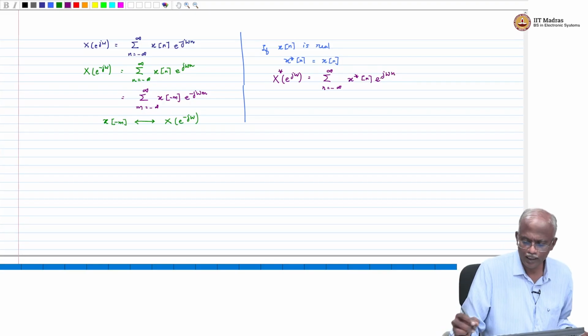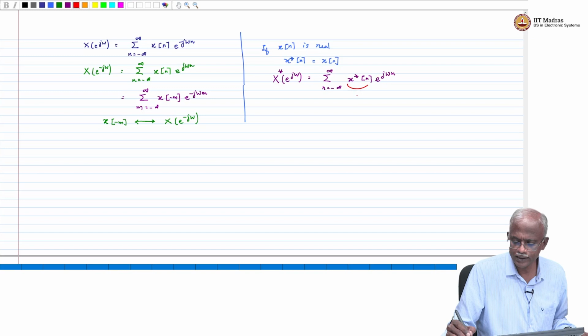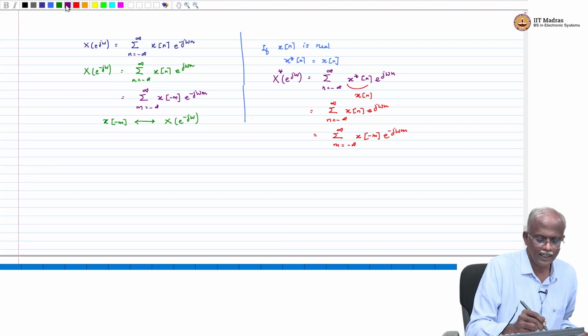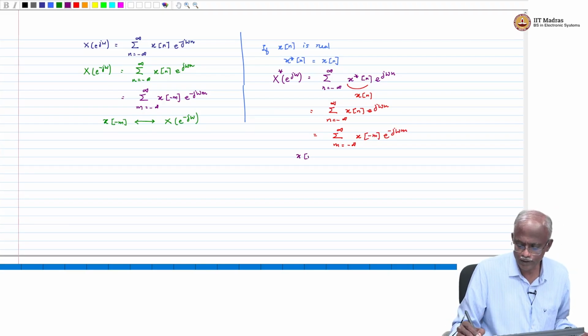Both terms are conjugated, but x conjugate of n is the same as x of n because x of n is real. So you get summation of x of n e power j omega n, and replacing n with minus m, we get summation over m of x of minus m e power minus j omega m. This gives us a second expression for the discrete time Fourier transform of x of minus n: X of minus n has a discrete time Fourier transform equal to X conjugate of e power j omega.